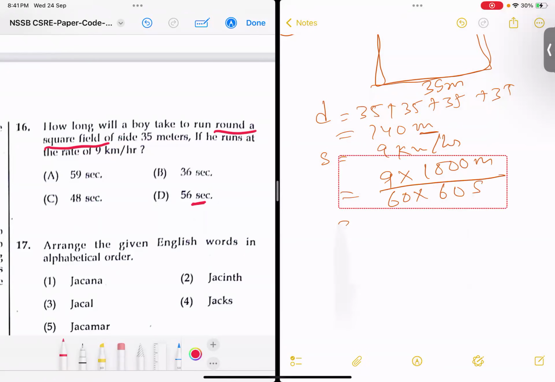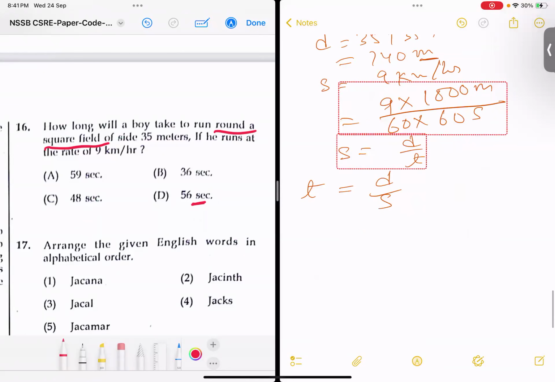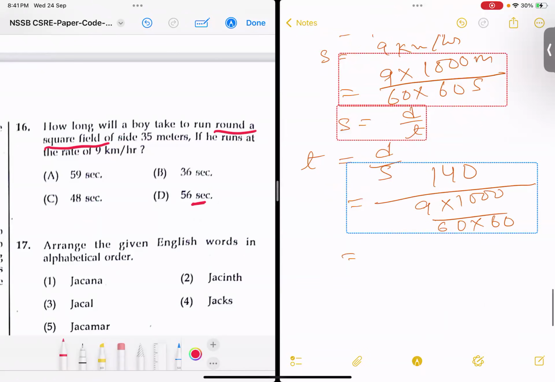Now we know that speed is distance by time, so in order to find the time, it should be distance by speed. So distance is 140 divided by 9 into 1000 divided by 60 into 60. So it will be 140 into 60 into 60 divided by 9 into 1000.